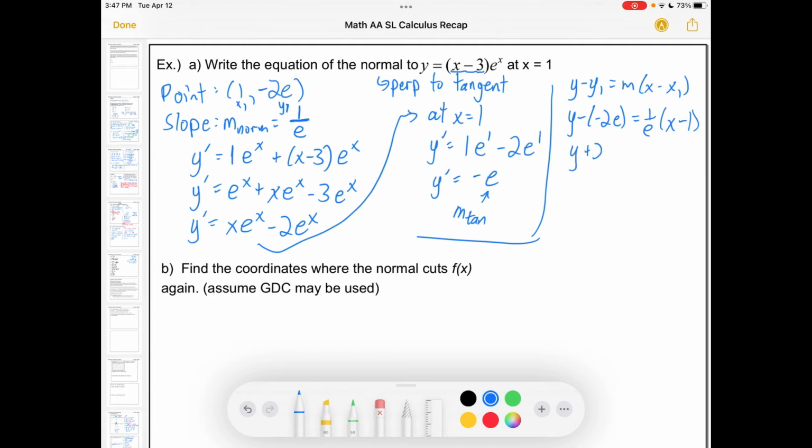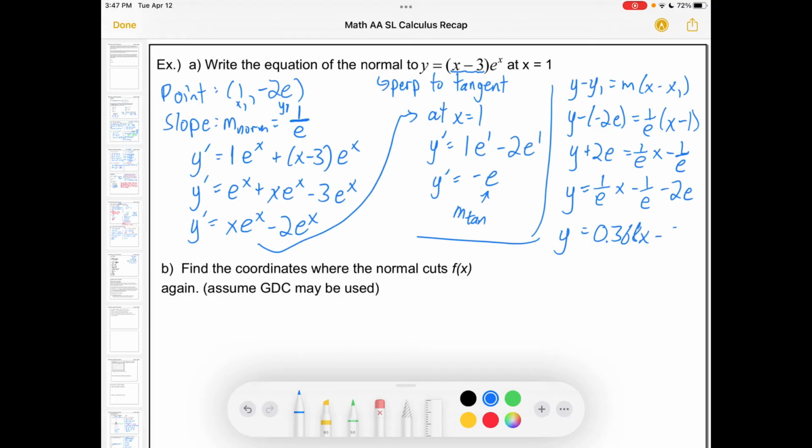Or y plus 2e equals 1 over e times x, or x over e, minus 1 over e. And if we move stuff around, we're going to have 1 over e x minus 1 over e minus 2e. There it is in perfect form. If you had done this with your GDC, I think you probably would have got this as your equation.